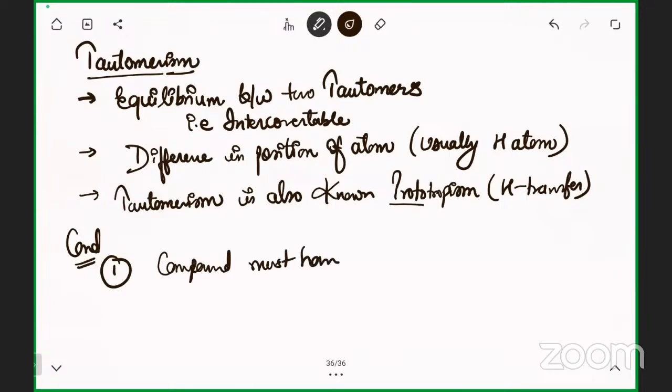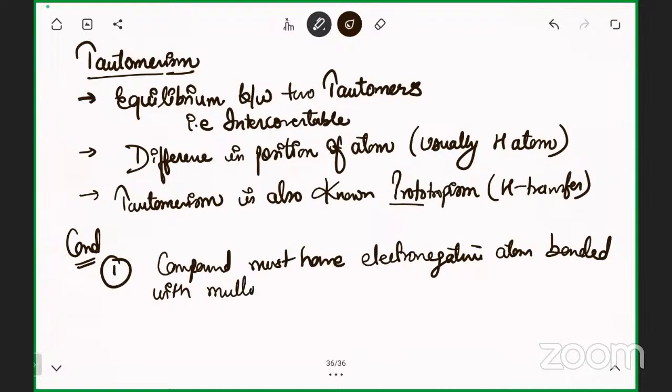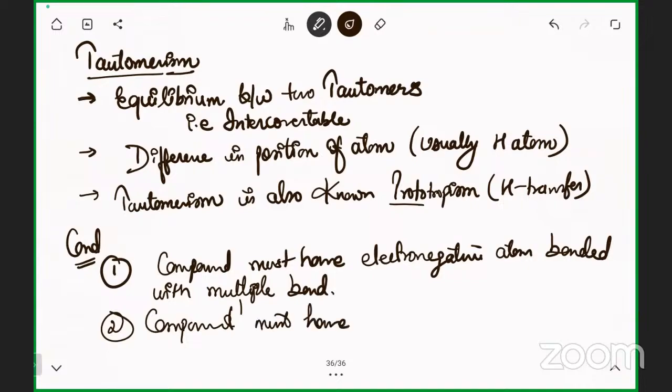Conditions, what you have to remember. Condition number one: the compound must have an electronegative atom bonded with a multiple bond. Second thing: the compound must have one acidic hydrogen.